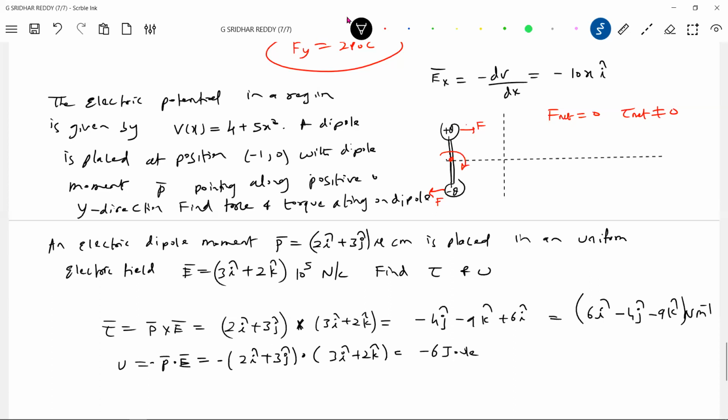Some problems are vector based. Sir, it's given in centimeters, sir. Huh? It's given in centimeters. Oh, convert into... We have to convert this into micro, no?